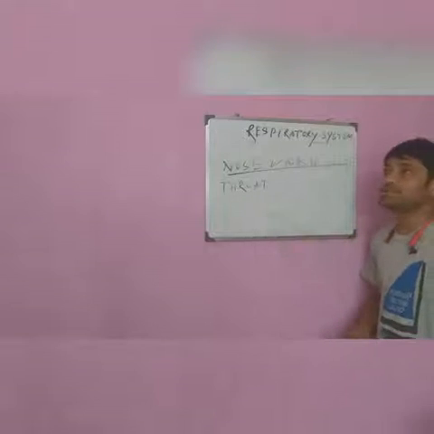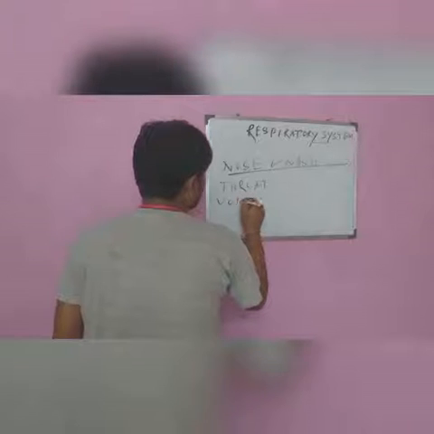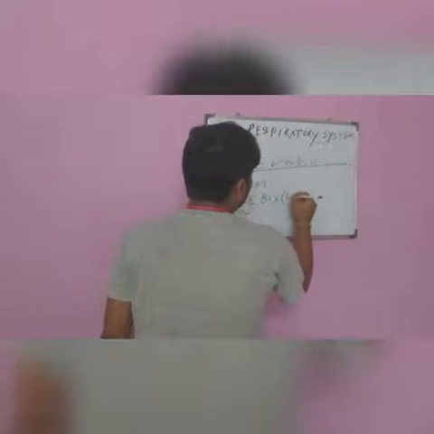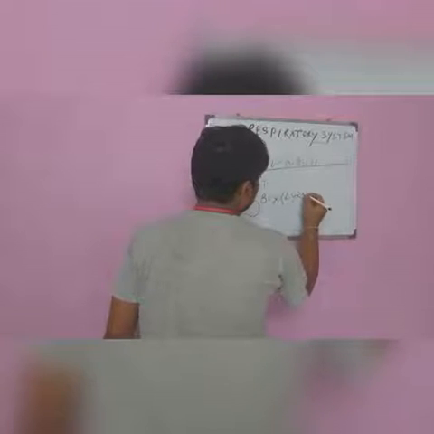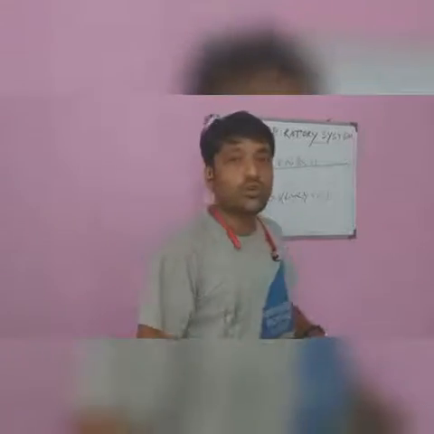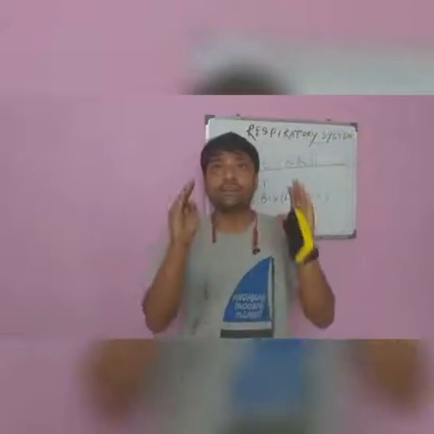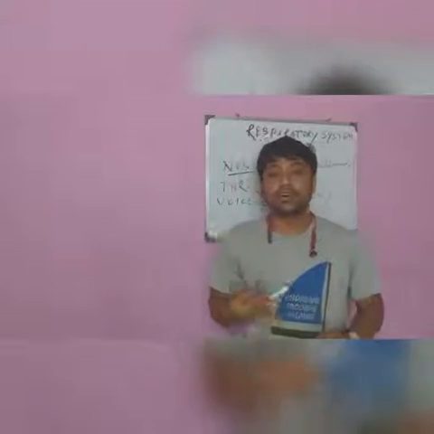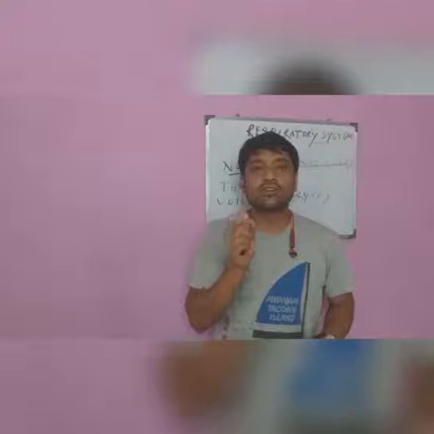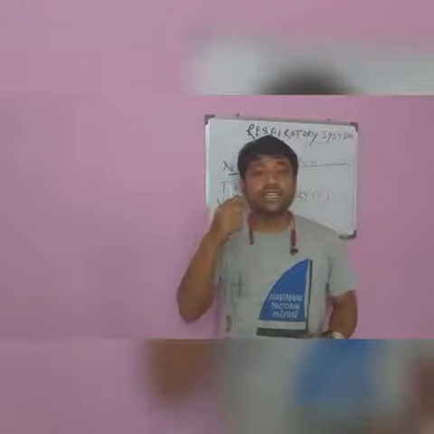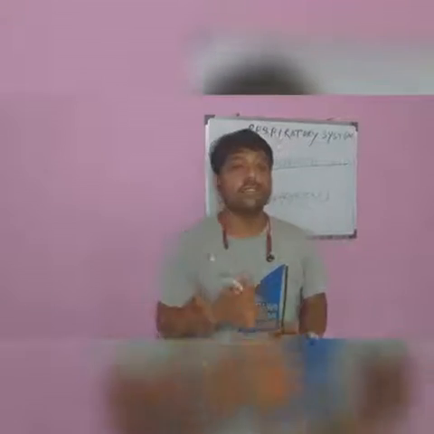Now look, the voice box is also included in the respiratory system. Voice box, I mean larynx. The voice box or larynx is a portion of the respiratory or breathing tract containing the vocal cords, which produce sound, and it is located between the pharynx and the trachea.